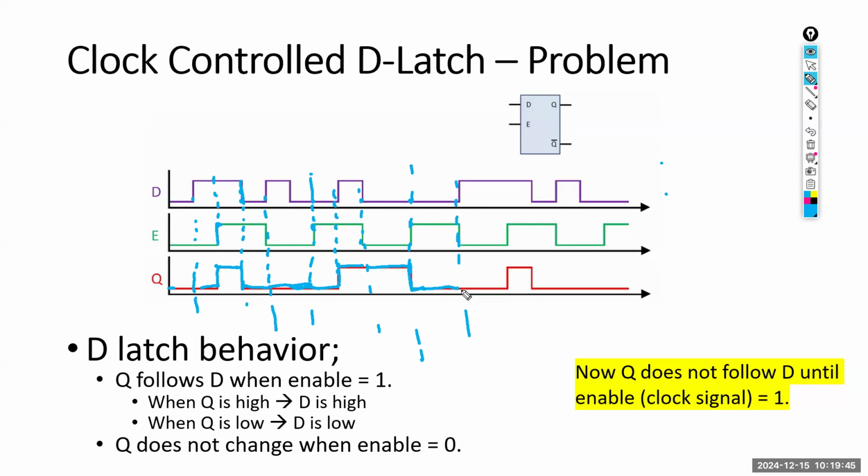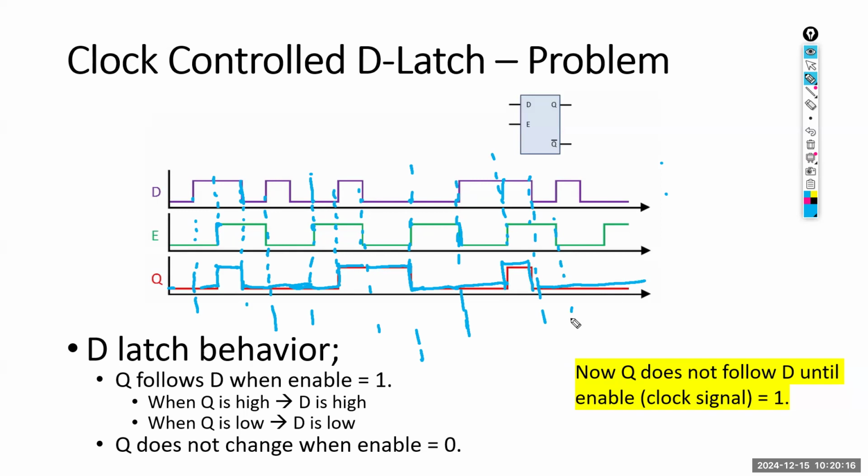Now again it goes up, but by the time it goes up, your clock has come down, so therefore it remains there. And again, by the time it is enabled, your D is high, it goes high. And during your positive level, your D goes down, so therefore your Q goes down. And then it becomes disabled, so it remains in memory.